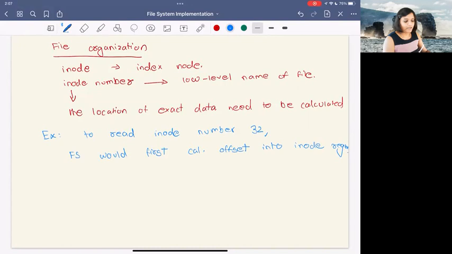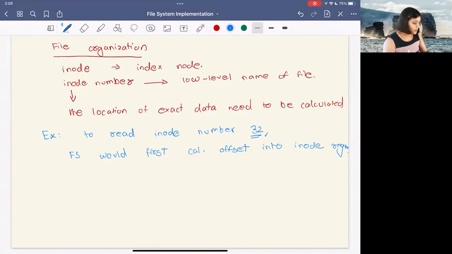So if we want to read inode number 32, first we should be able to find where this inode number 32 is located, right? Let's say that they're stored in sequential fashion: inode number 0, then number 1, number 2, number 3, until we can have at max 80 inodes in the blocks reserved for inodes.